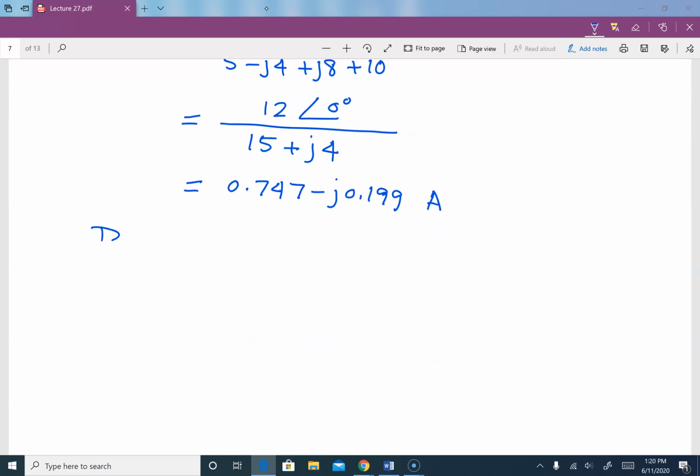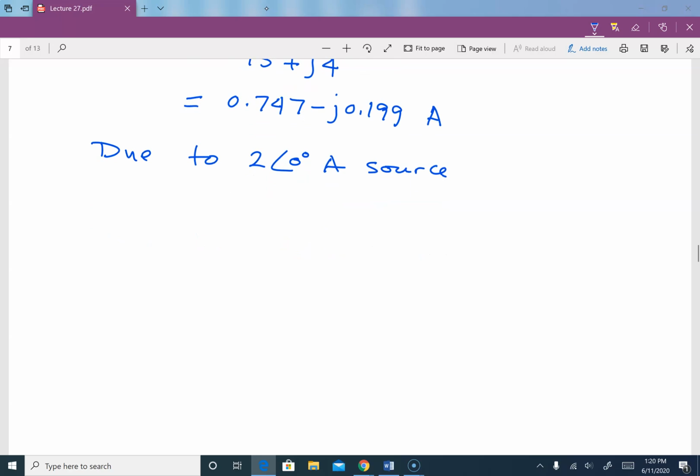So now, due to the current source, which is the 2 with angle 0 ampere source, this is our circuit. This is 2 with angle 0 ampere.